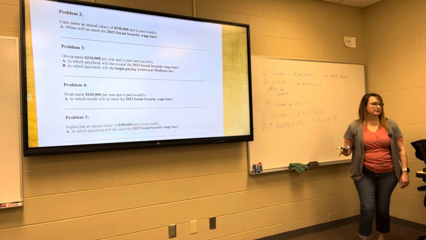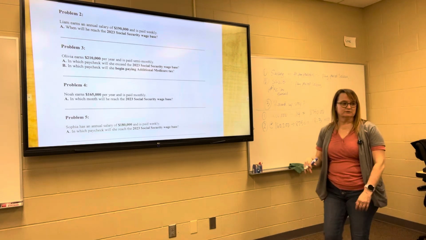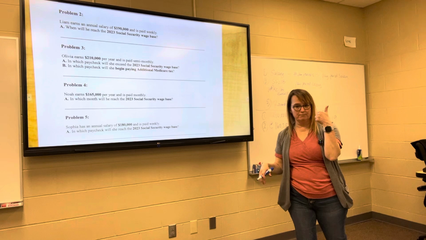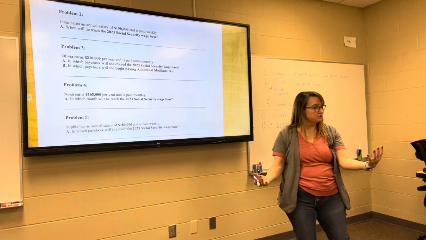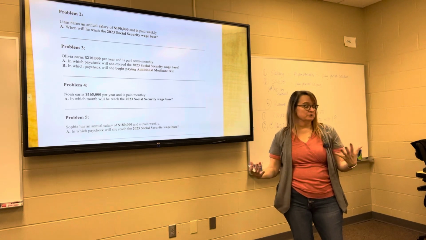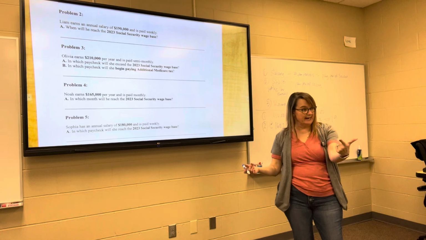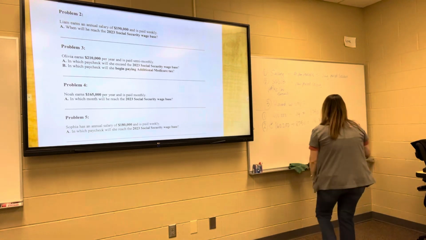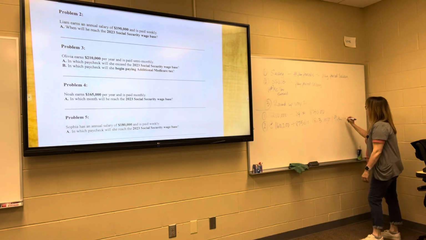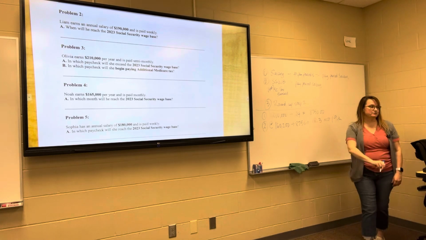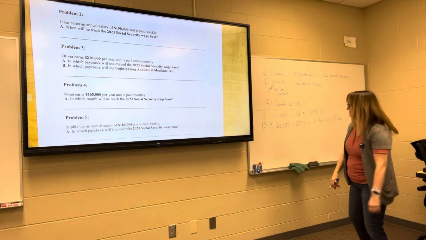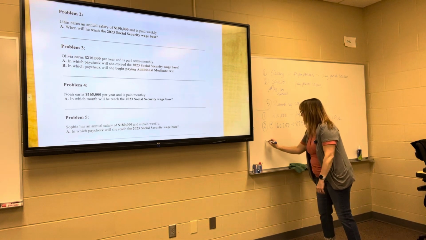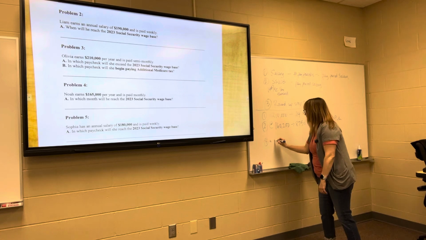Always round it up, even if it's just 0.0001, which is not what you usually do, but for our purposes, you would need to do that. Round it up to the next pay period. So the 19th pay period, she reached the Social Security wage base. So that's number 3. A is 19th.